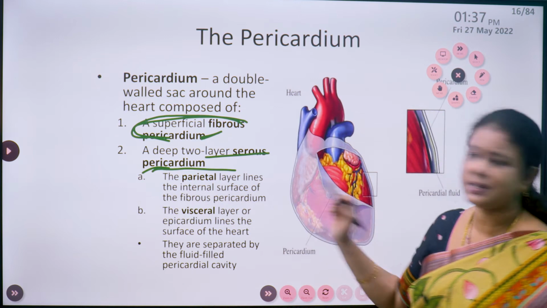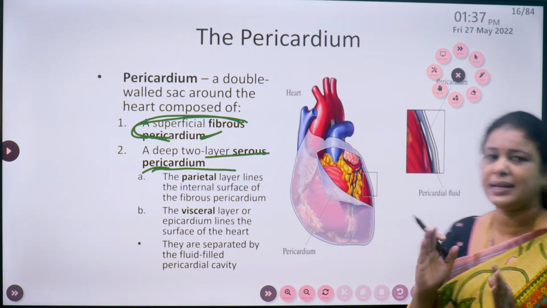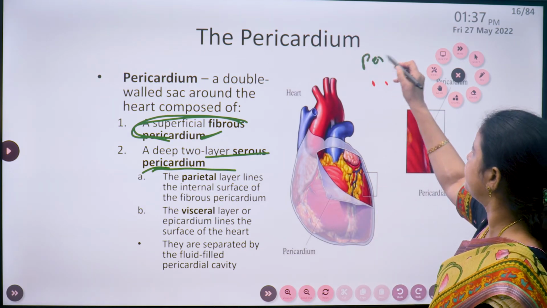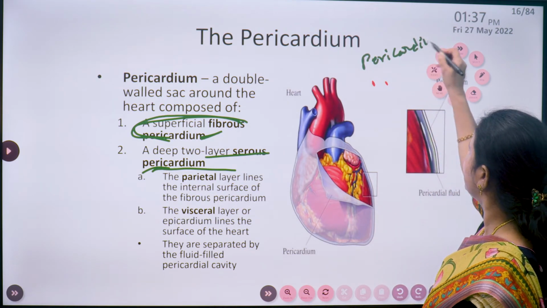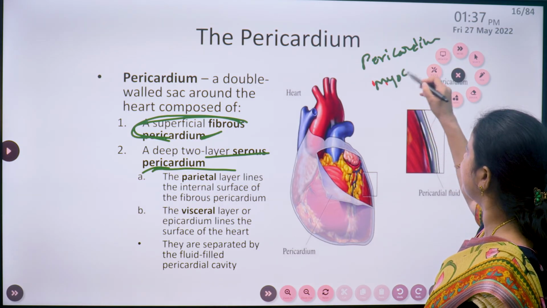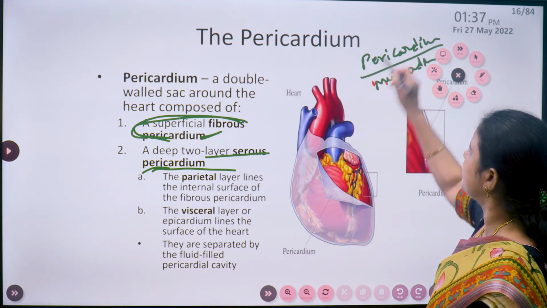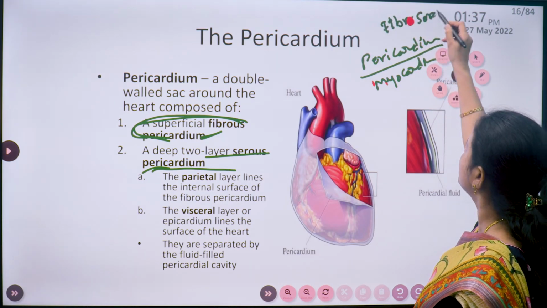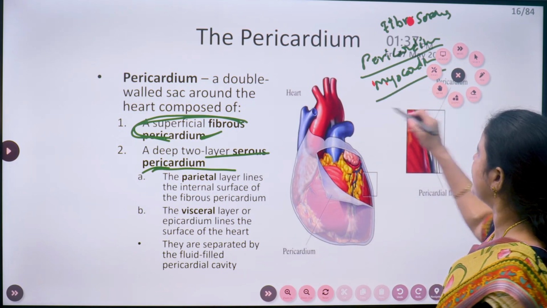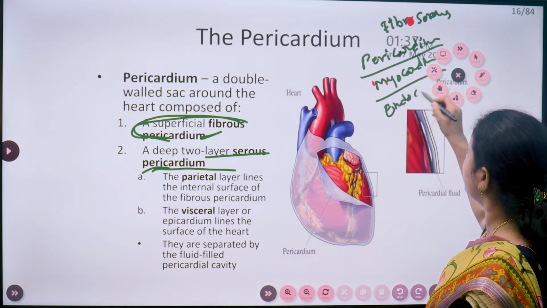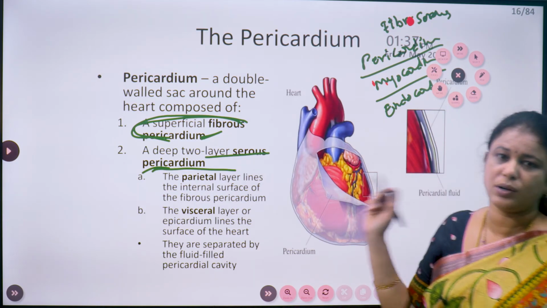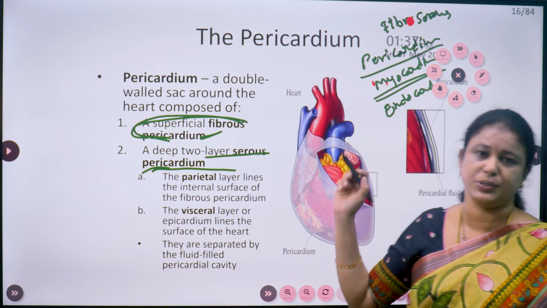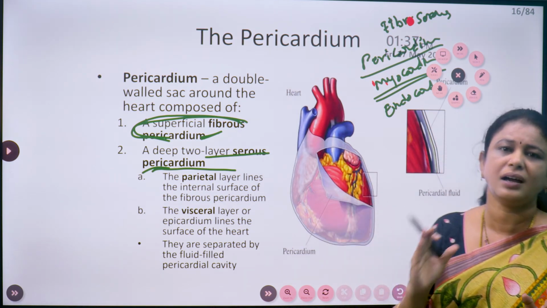The covering layers of the heart are three: the pericardium, which is a fibroserous sac; the myocardium, which is made up of muscle tissue and helps in the contraction of the heart; and the endocardium, which is the innermost layer.